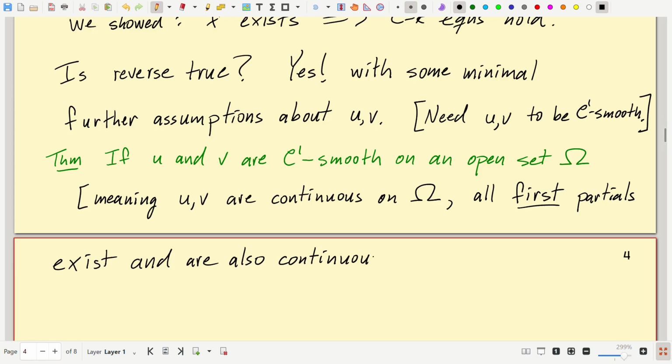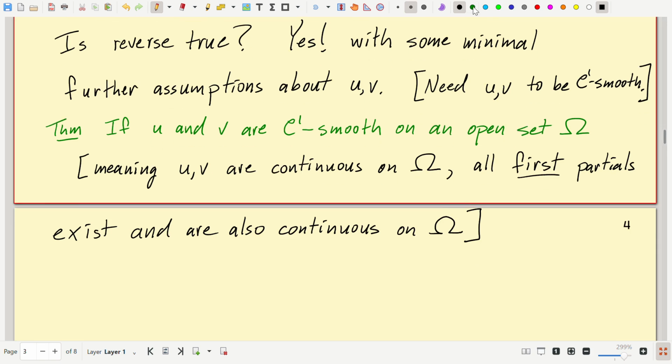In homework 2, you'll notice I used the word C2 smooth. That's the same thing, except the first and second partials all exist and are continuous on omega. Okay, to continue, let's suppose that u and v satisfy the Cauchy-Riemann equations.